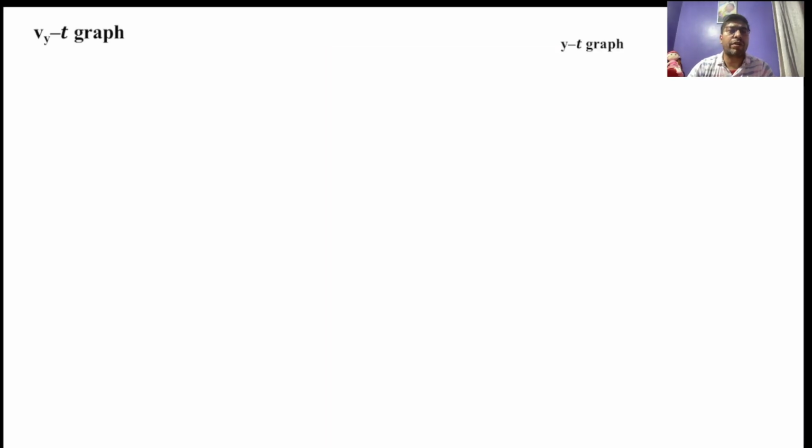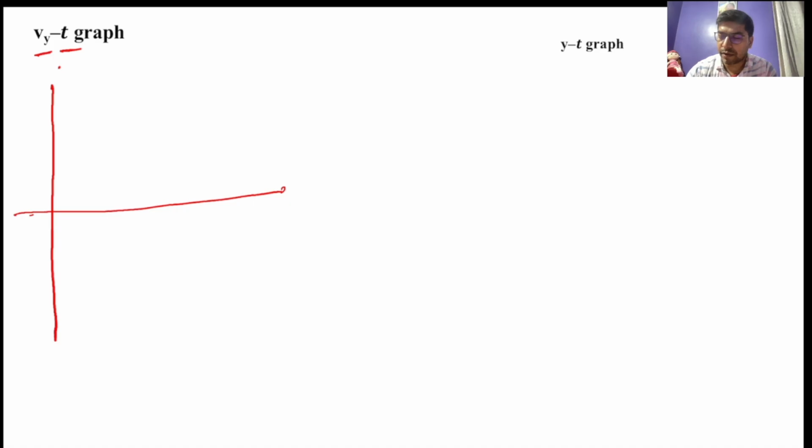Now if we have to draw the graph of velocity in y direction versus time, how will it be? Suppose the y-axis is the velocity axis, velocity in y direction, and this is time.